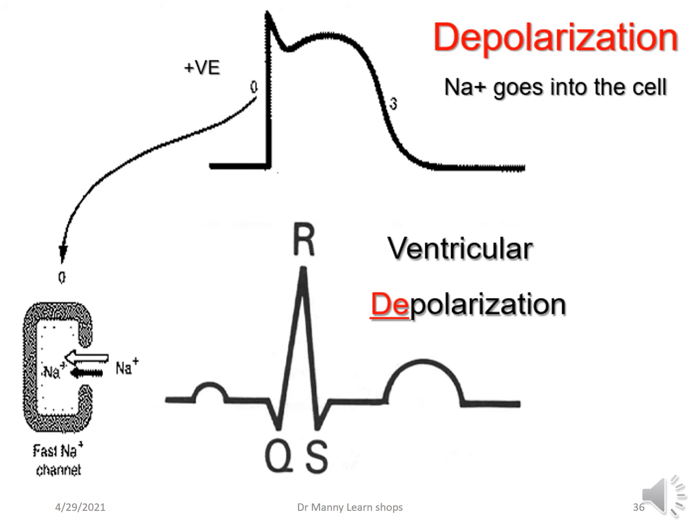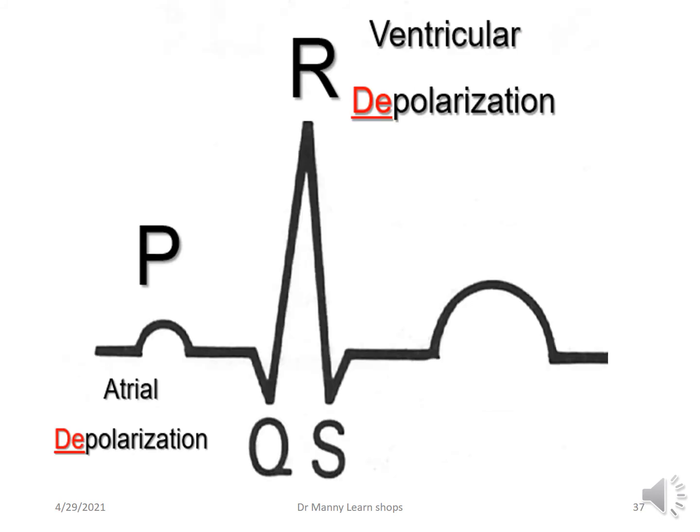De is actually Latin for change, so we have depolarization, which changes the polarity which can be measured. Depolarization then on the big ECG, which is many action potentials, can be atrial depolarization and can be ventricular depolarization. Atrial depolarization is represented by the P wave on the ECG, and ventricular depolarization is represented by the QRS complex.